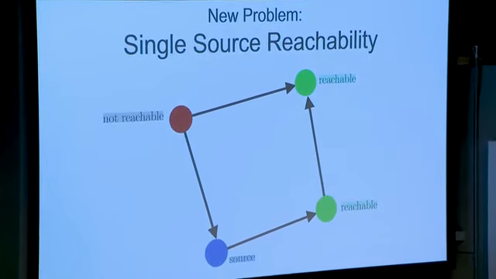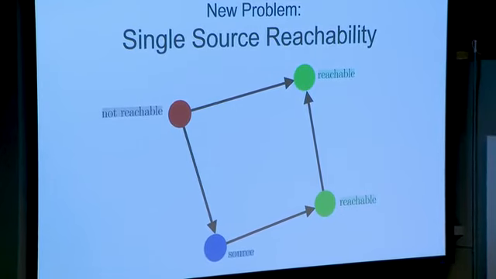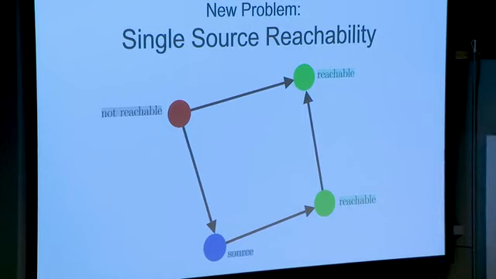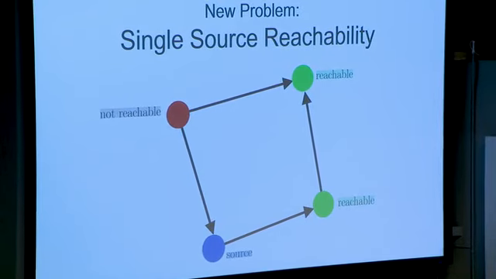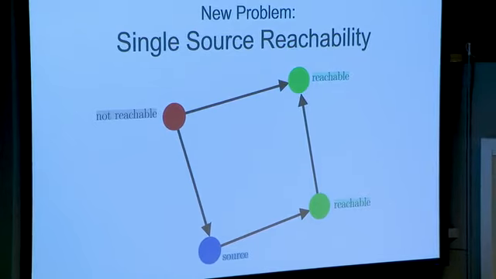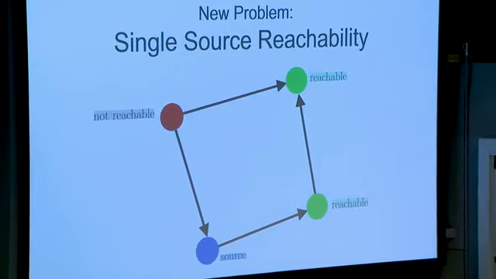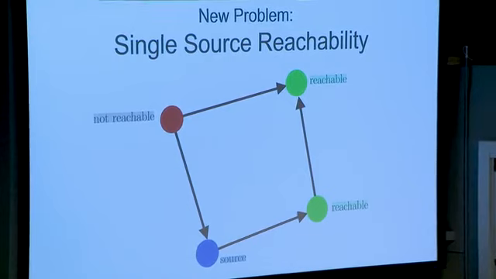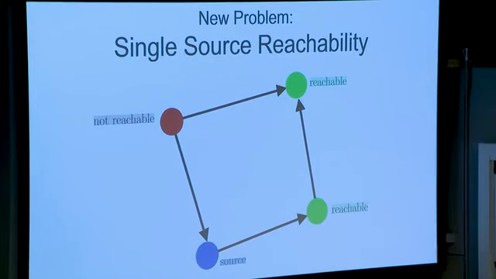And I've marked one special node in blue, and his name is the source node. And now the question I want to ask is, what are all of the other nodes in my graph that I can reach by following edges, directed edges, starting with the source? Right? So obviously I can get to the node in the lower right, no problem. And of course, once I get there, I can traverse an edge upward to get to that second green vertex.